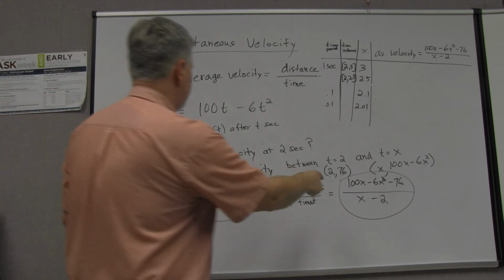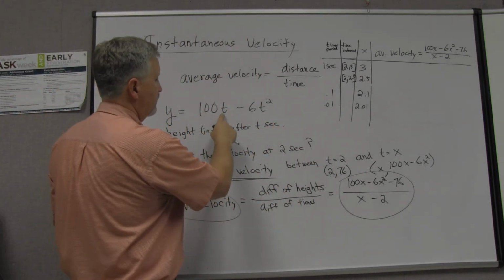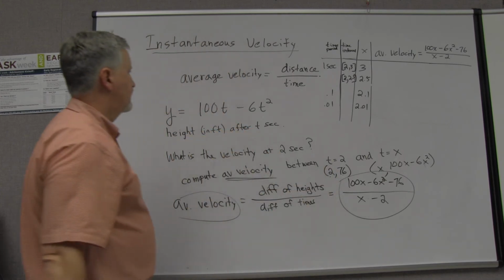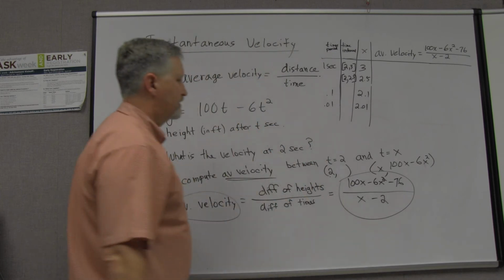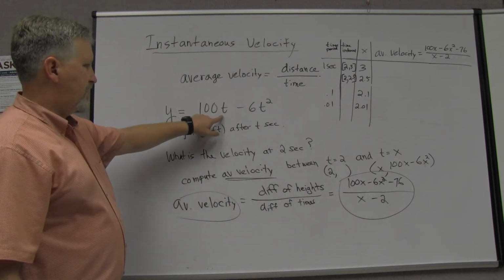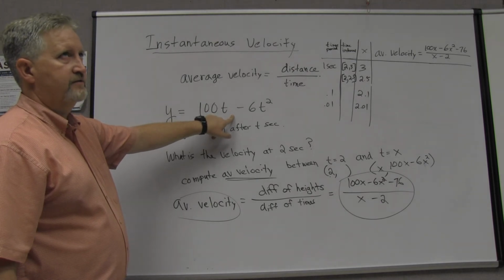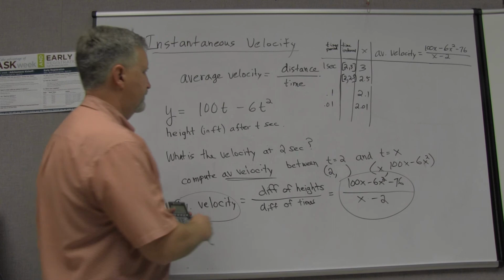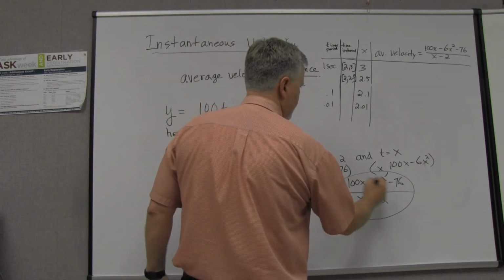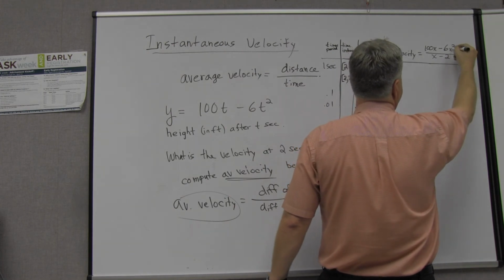Is this the right number? 76? No, that's not the right number. Okay. What is this number? It should be 100 times 2 minus 24. So it's 200 minus 24. 176. Is that right? 176. That makes a difference.